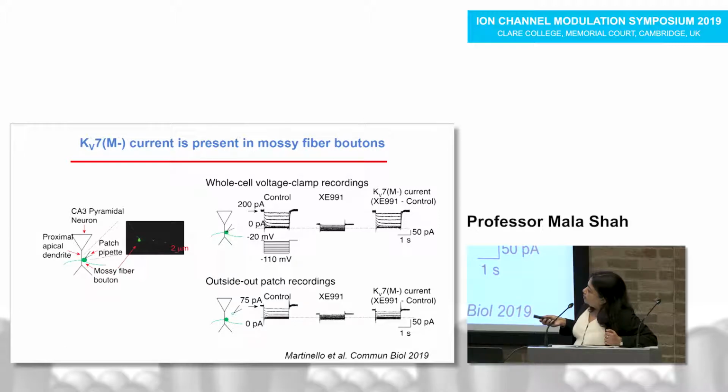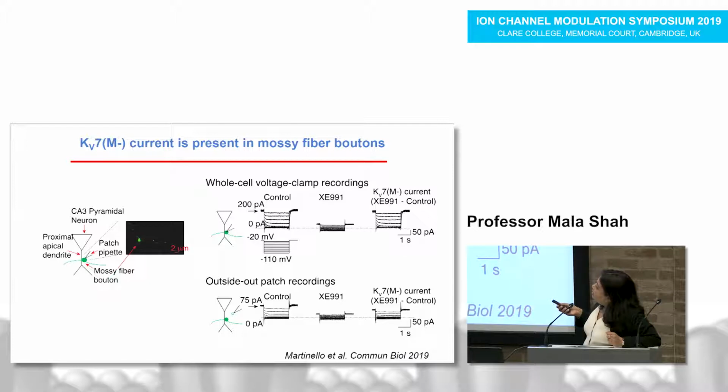What we do is we patch the terminals, we fill them with a dye, neurobiotin, and then we do post hoc staining, and this is one such mossy fiber bouton. We made whole-cell voltage clamp recordings from these initially, and we held the bouton at a positive potential, minus 20 millivolts, to activate the Kv7 current, and then we applied a series of very long 2-second hyperpolarizing pulses in increments of 10 millivolts as shown here.